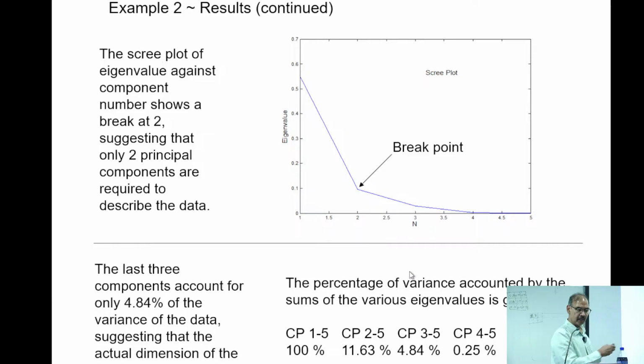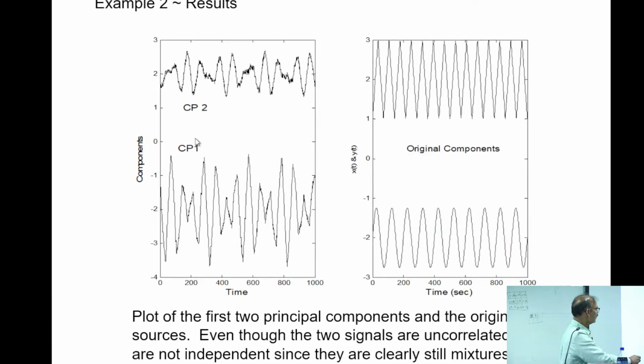right? And so by doing a principal component analysis, I can identify my X and my Y, right? So I can identify the sources. So plot of the first 2 components and the original 2 sources: even though the 2 signals are uncorrelated, they are not independent since they are clearly still mixtures of 2 sources, okay?